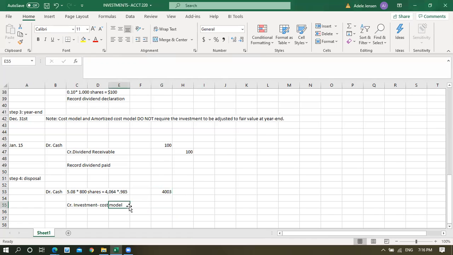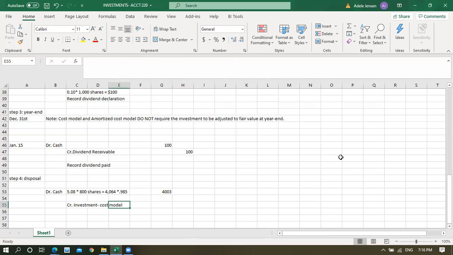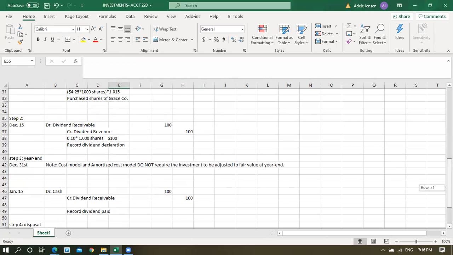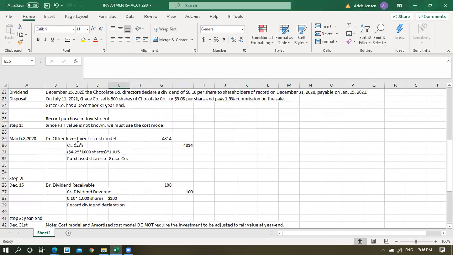Okay, now our investment. What was our investment recorded at? Now, if it was any other model, I would do a T account on the side here and ensure that I have the correct amount. But because this model doesn't do any adjustments to fair value, we know that our investments are recorded on the balance sheet at $4,314.